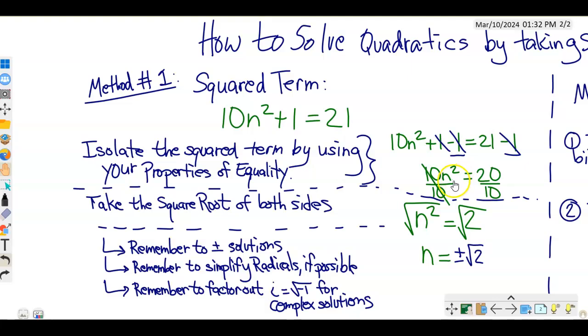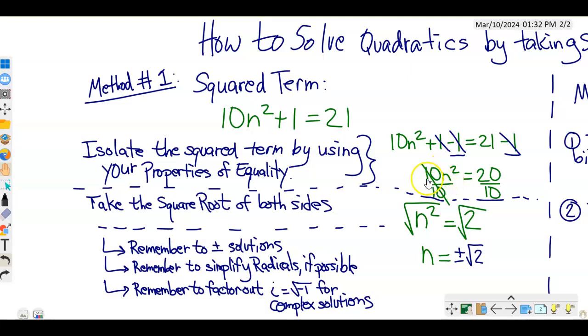I only have one term. I've got my term that has my variable in it. However, I am still multiplying my variable by 10. So I have to undo that operation as well.